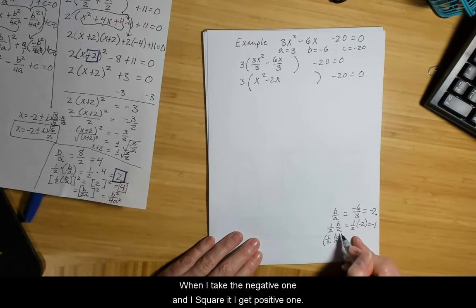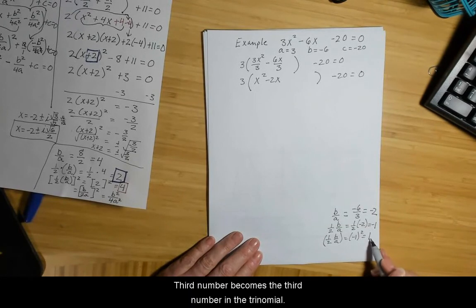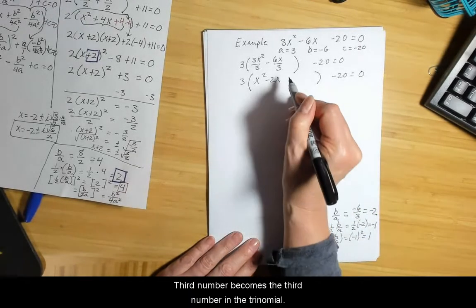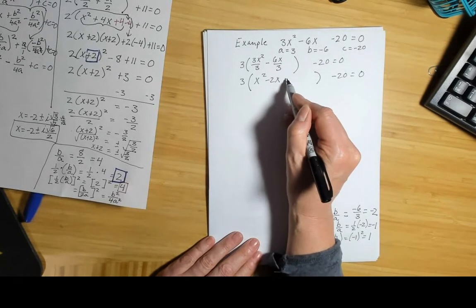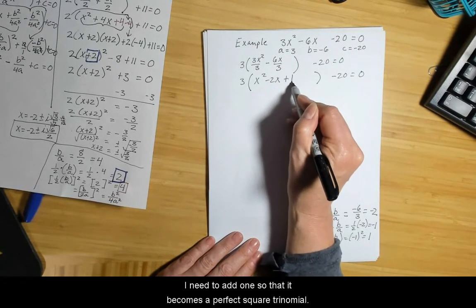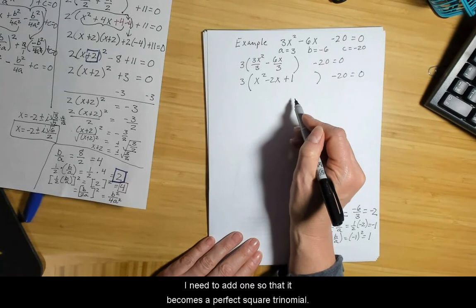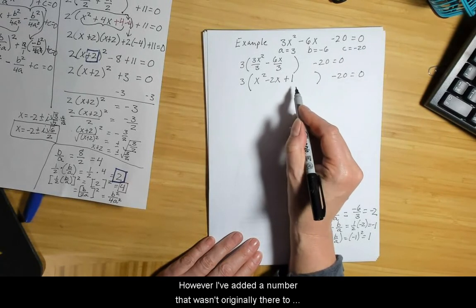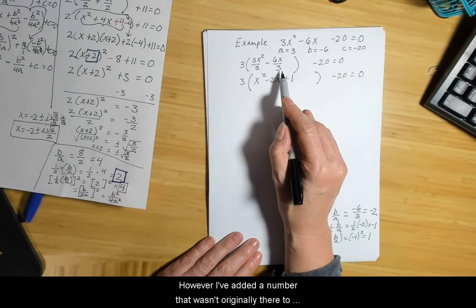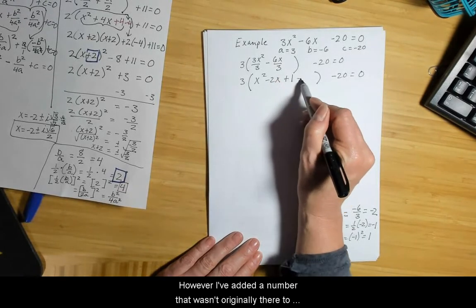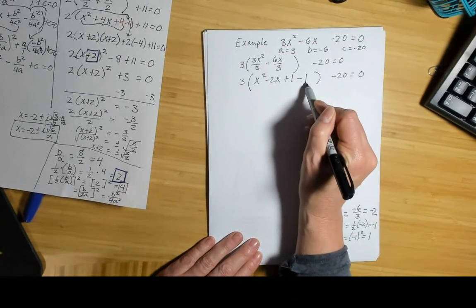When I take the negative 1 and I square it, I get positive 1. That becomes the third number in the trinomial. I need to add 1 so that it becomes a perfect square trinomial. However, I've added a number that wasn't originally there. To compensate, I subtract 1.